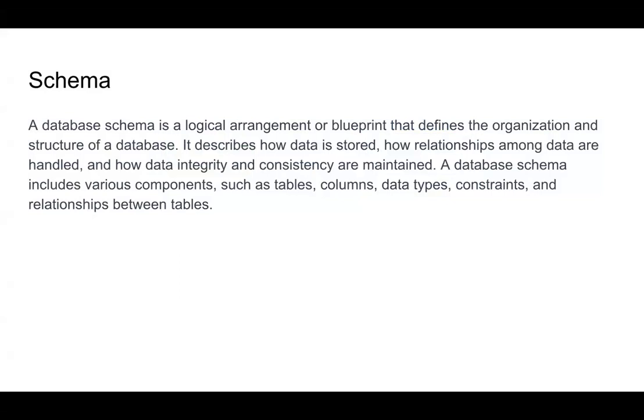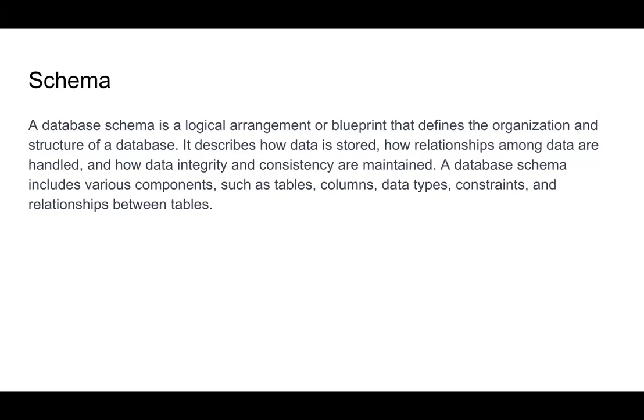So schematics, the schema. Database schema is a logical arrangement or blueprint that defines the organization and structure of a database. It describes how data is stored, how relationships among data are handled, and how data integrity and consistency are maintained. A database schema includes various components such as tables, columns, data types, constraints, and relationships between tables.